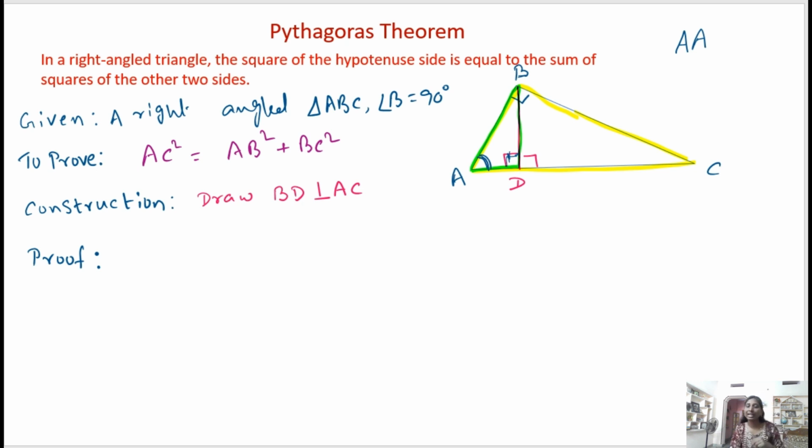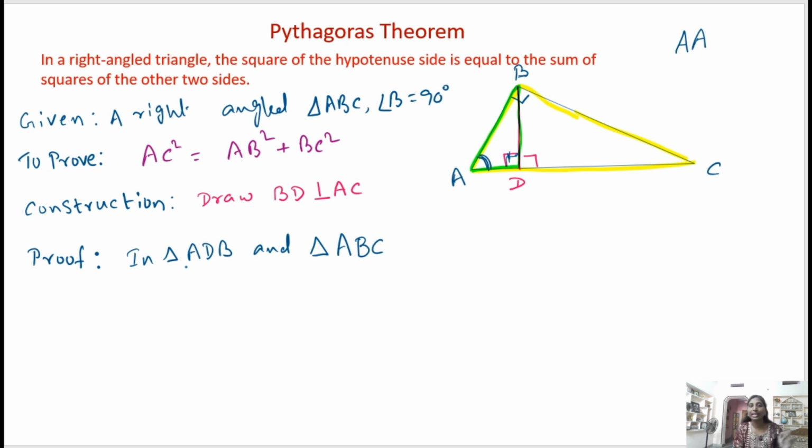But we have to write the triangles in order. See, in triangle ADB, A is common, so for the big triangle, see the order in which I am writing. First I have to write A. I have written ADB here, so A corresponds to A, and here D is 90 degrees, so for the big triangle B is 90 degree. Now write the remaining angle C. Okay, so this is the correct order.